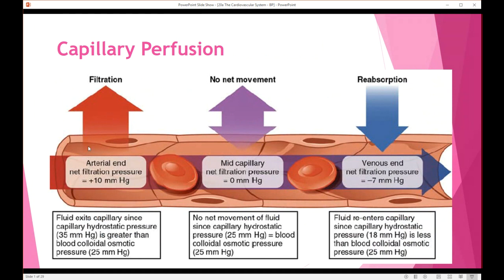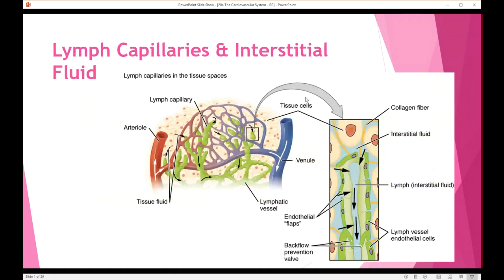So here's filtration happening right here. The fluid exits that capillary since capillary hydrostatic pressure of 35 millimeters is greater than our blood colloid osmotic pressure of 25. We're going to push out of our vessels. In the center, not really a whole lot of movement happening because they even out at 25 and 25. And then on the venous end, we get reabsorption happening because here our osmotic pressure is higher than the hydrostatic pressure.